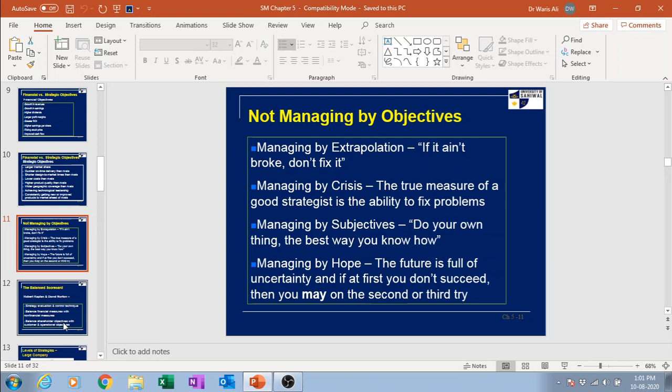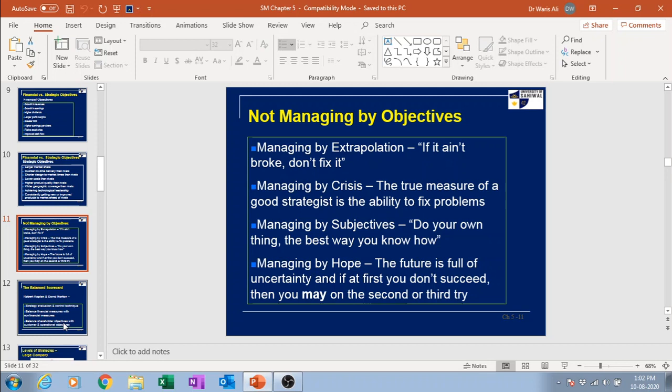Don't do it. Please don't follow managing by crisis. And please avoid managing by subjectives, like, okay, this is the best thing that I know, so I will do it. You need to proceed according to your objectives. Don't take action based on just hope, like, things are going to be much better, let's take this initiative.